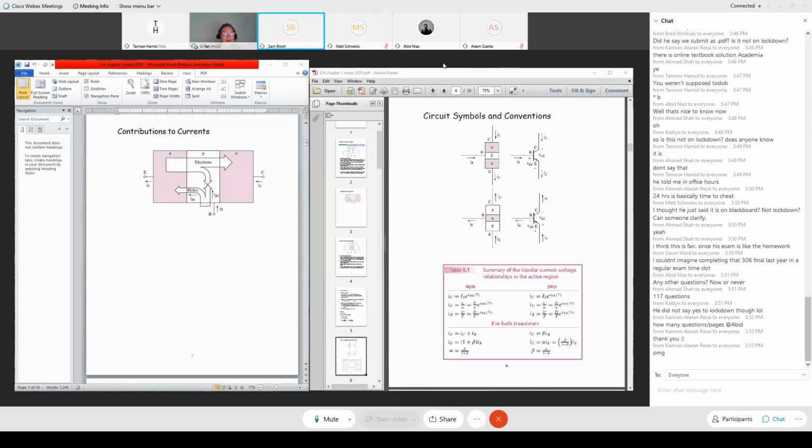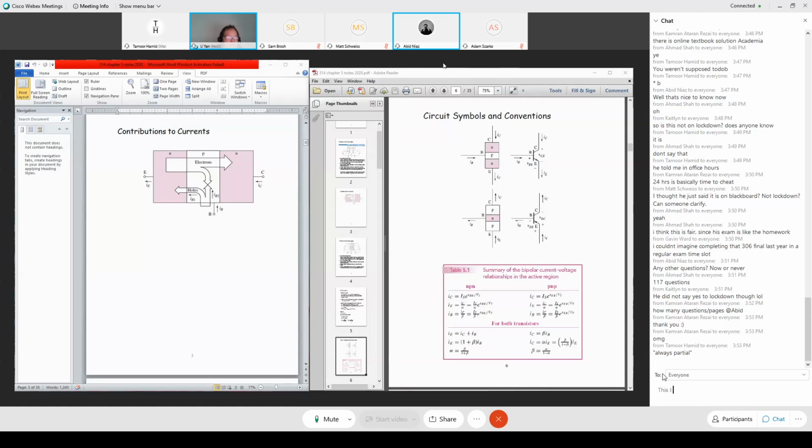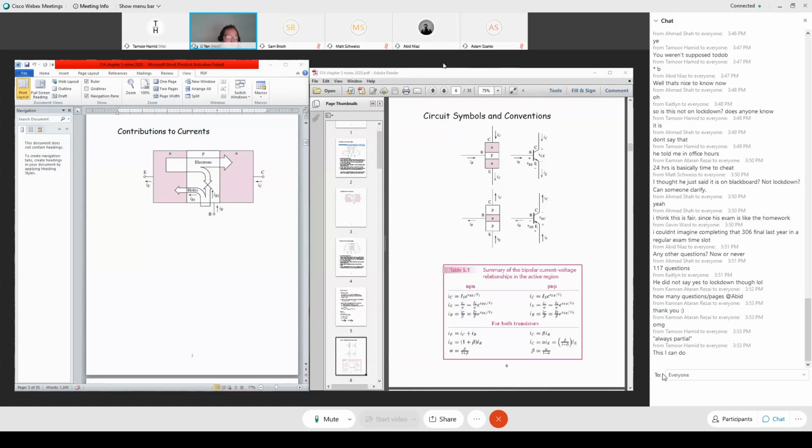Oh no, always partial. That's why I will discuss this comment once we get a review time. Some of the students maybe have a habit from other classes. They write a homework answer, they just write down the number. But here I expect you to practice your homework problems and write every step. That's practice. And on the exam, I am also looking for the way you write every step towards the final answer.